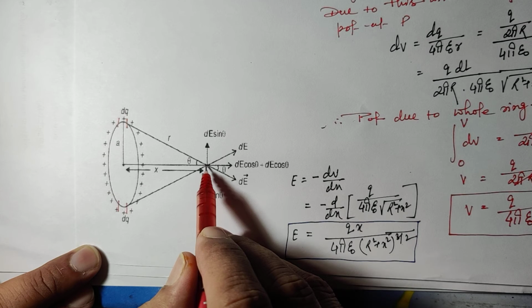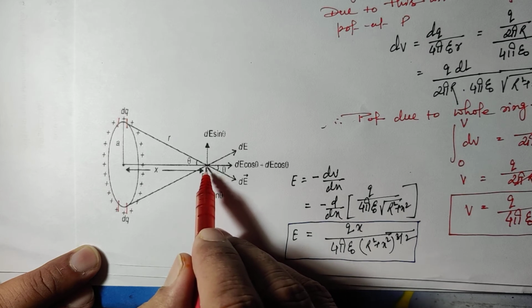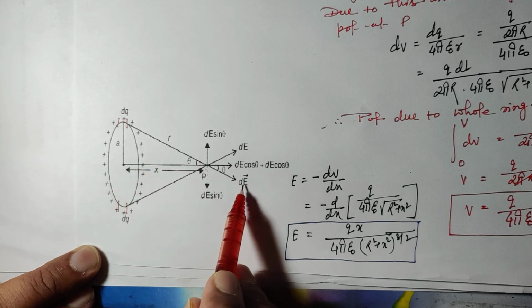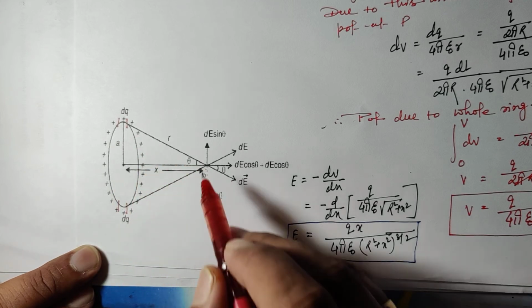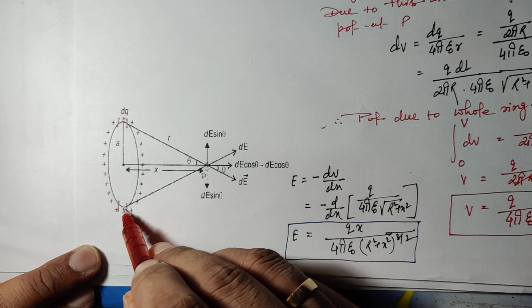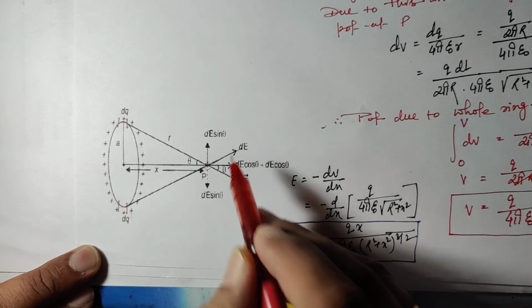Now considering a unit positive charge placed here, the force on it due to this charge will be along this direction. In the same way, if we consider a positive unit charge here, the force due to this charge will obviously be in this direction.